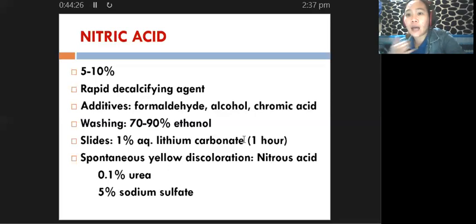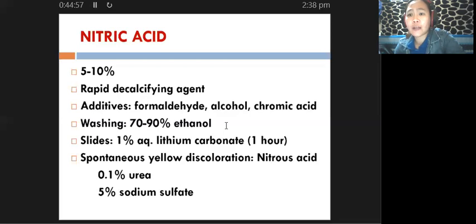You should not use it if you are going to perform immunohistochemistry or immunocytochemistry later on, because your strong acids tend to denature your enzymes. They tend to damage the antigens which are present on the surface of your cells and other tissue components.